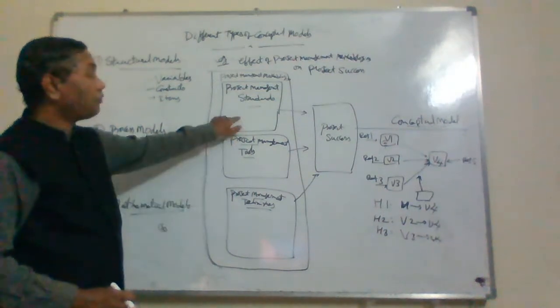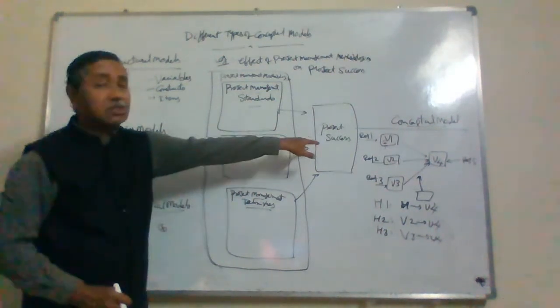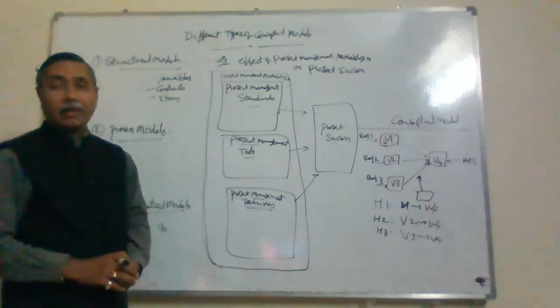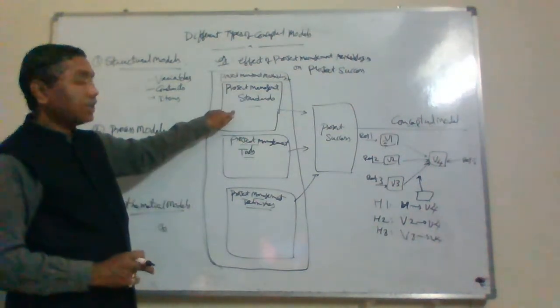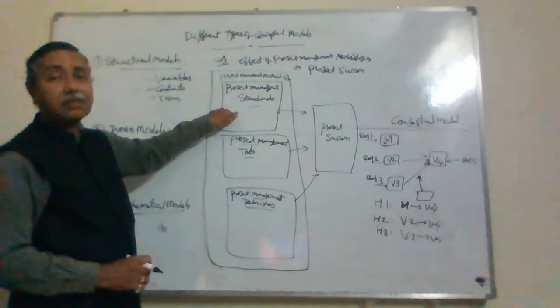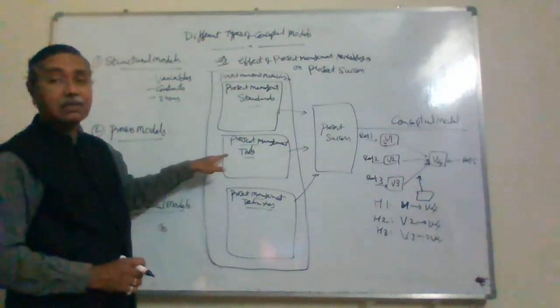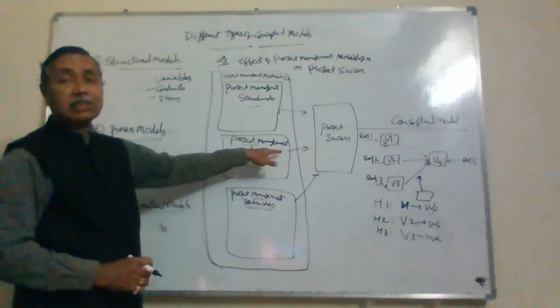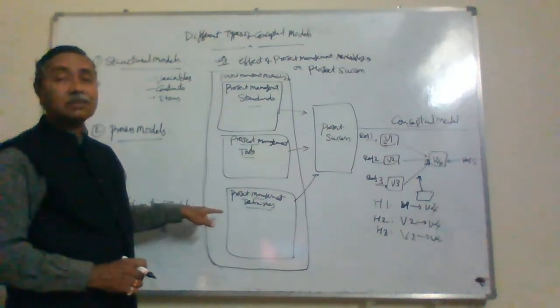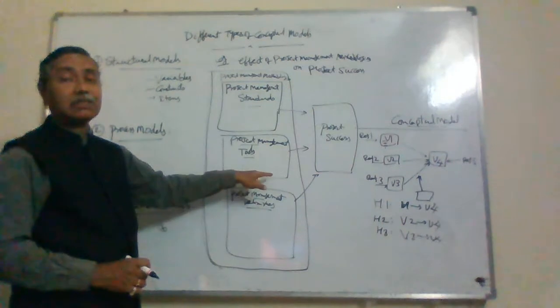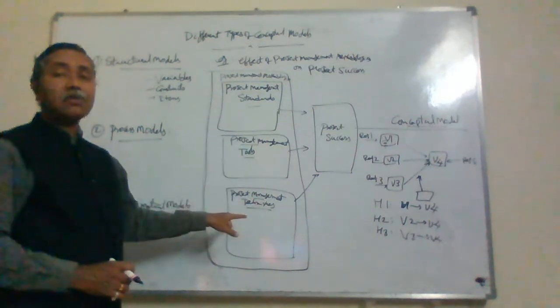Your objective is to find out the effect of these three variables on project success. What is the effect of project management standards on project success? What is the effect of project management tools on project success? What is the effect of project management techniques on project success? These can become your hypotheses, right?